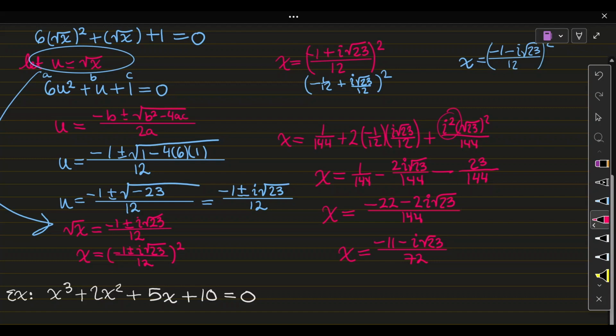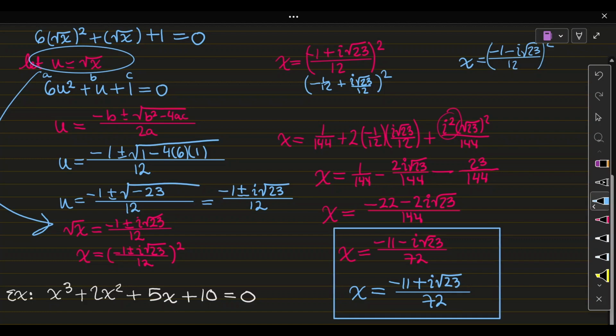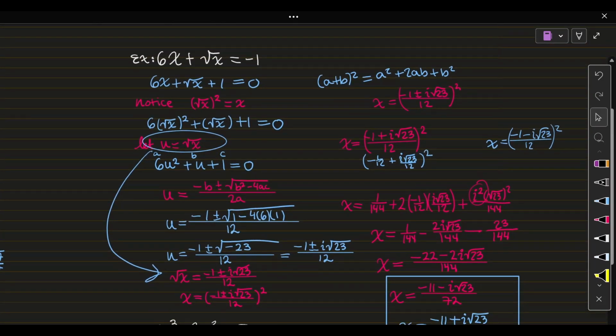Okay. A lot of work, but that's what our solution is for that first one. And I challenge you to verify that the other x is equal to negative 11 plus i times the square root of 23 over 72. Okay, but those are my two solutions for this equation here.